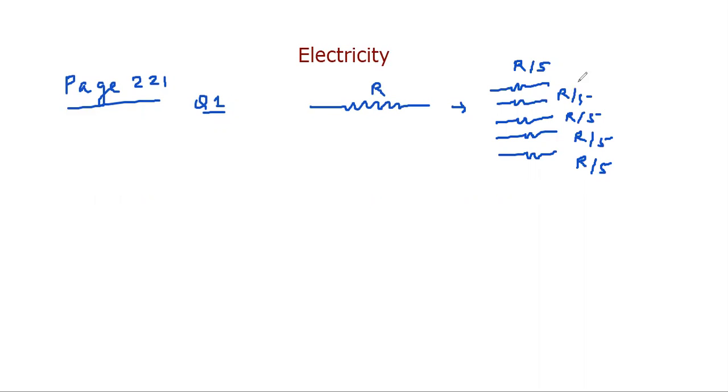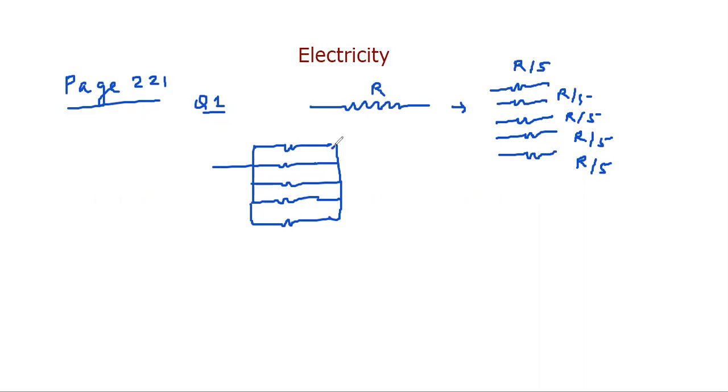So now we connect these 5 resistances in parallel. Each resistance is R by 5. So 1 upon R parallel, here R parallel is written as R dash.